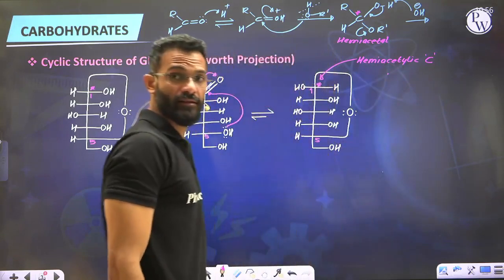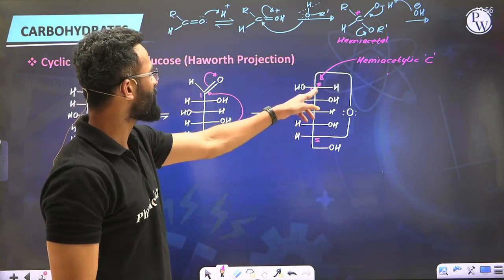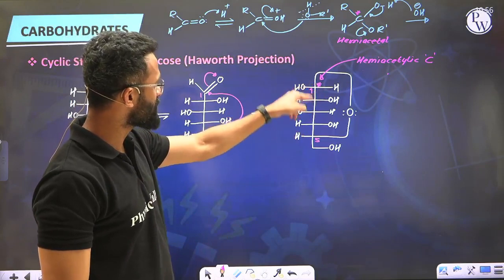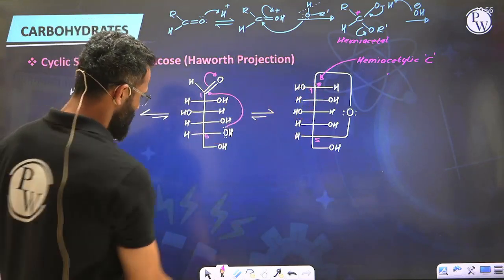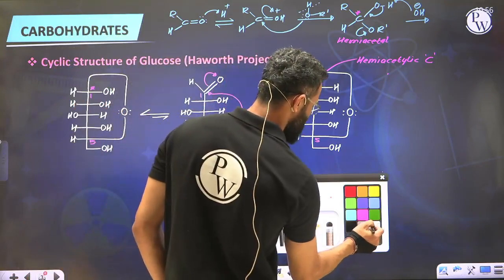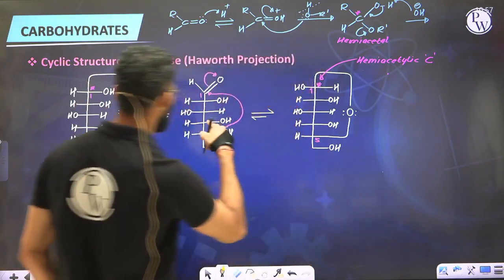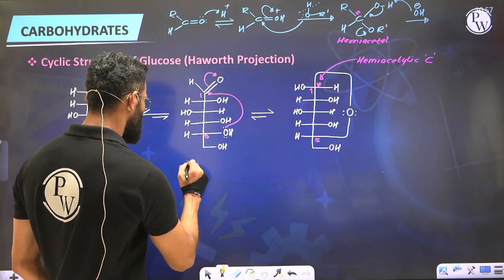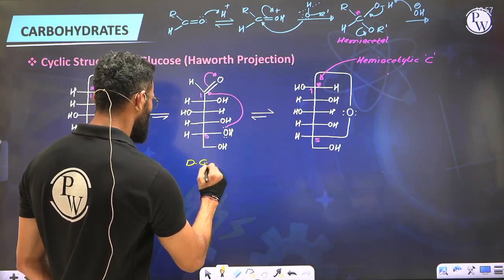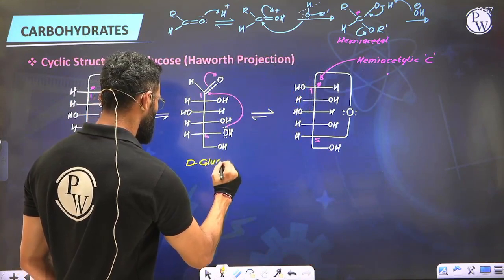So at the hemiacetalic carbon, you can see the configuration is differing. In this structure, OH is present to the left. In this structure, OH is present to the right. Now let me name them. Guys, the structure which you have over here is what we are calling D-glucose.